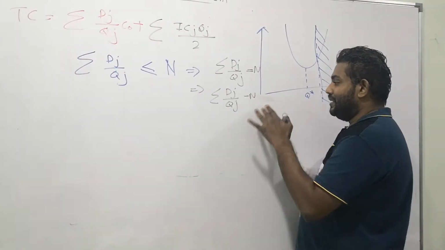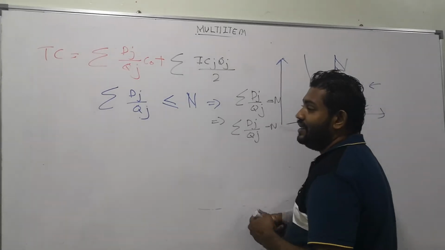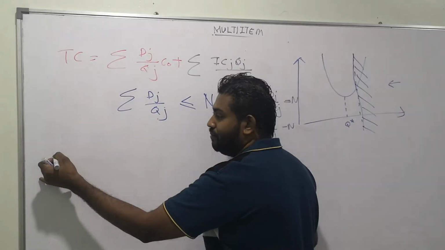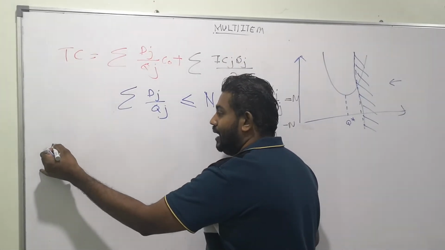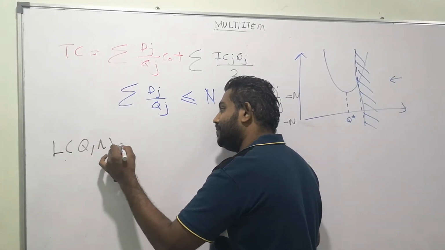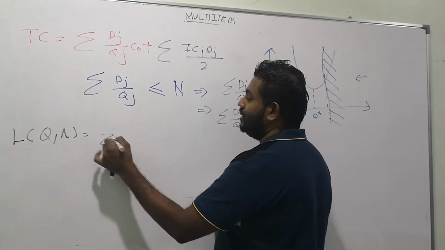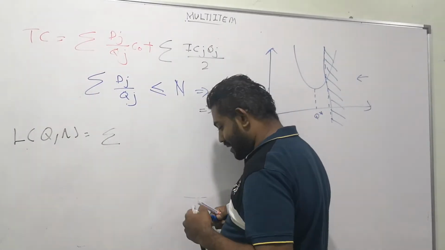Okay, or minus n. The next thing we should do is make sure our new Lagrangian expression is a function of q and lambda, using the same formula.